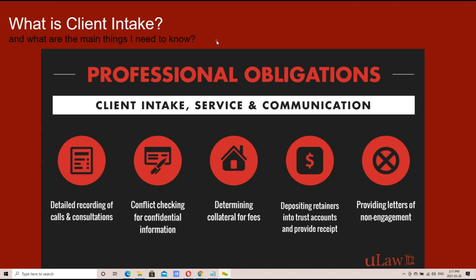As part of that client intake service and communication obligation, the Law Society talks about how important it is to capture in as much detail as possible about that initial phone call or that first contact that you have with a prospective client. As a legal firm, you have this important obligation of documenting or recording that initial call, consultation, whatever that first touch point may be.